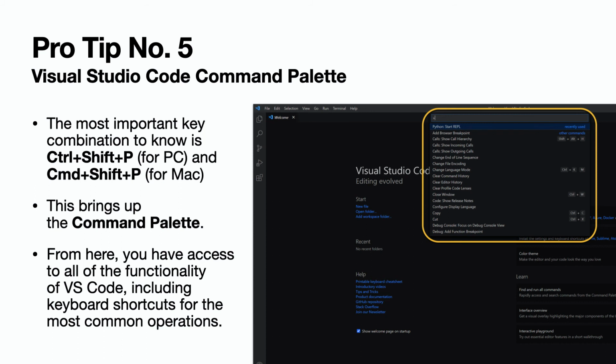And that's going to bring up, as you can see in the image on the right, the command palette. And from the command palette, you have access to all of the functionality of VS Code, including keyboard shortcuts for the most common operations. All right, so learn how to bring up the command palette.